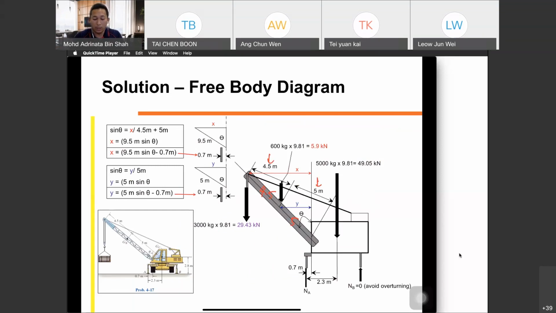Okay, untuk tulis. Tapi actually, this is the triangle. Okay. 4.5, 9.5. Okay. So, sorry.